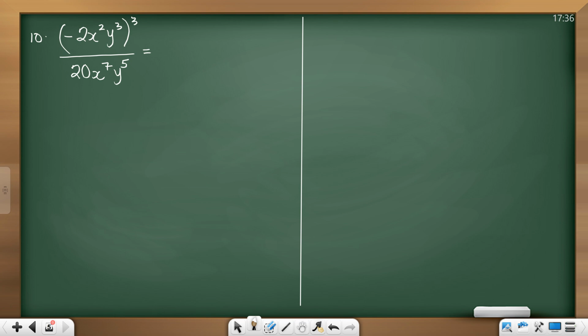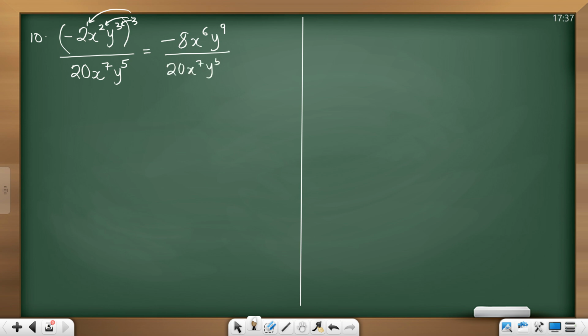It's a negative in the bracket and an odd number, so it's the negative. Now what do we have? Don't forget, it's 2 times 2 times 2, and that will give me 8, not 2 times 3. Remember, I am now distributing. So x 2 times 3 would be 6, y 3 times 3 would be 9, over 20 x to the power 7.